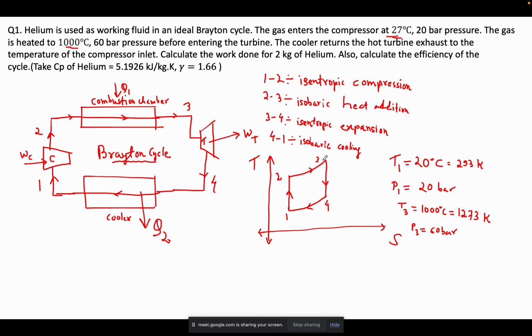Now we know that P3 is equal to P2 because this is a constant pressure addition, and we also know that P1 and P4 will be the same.